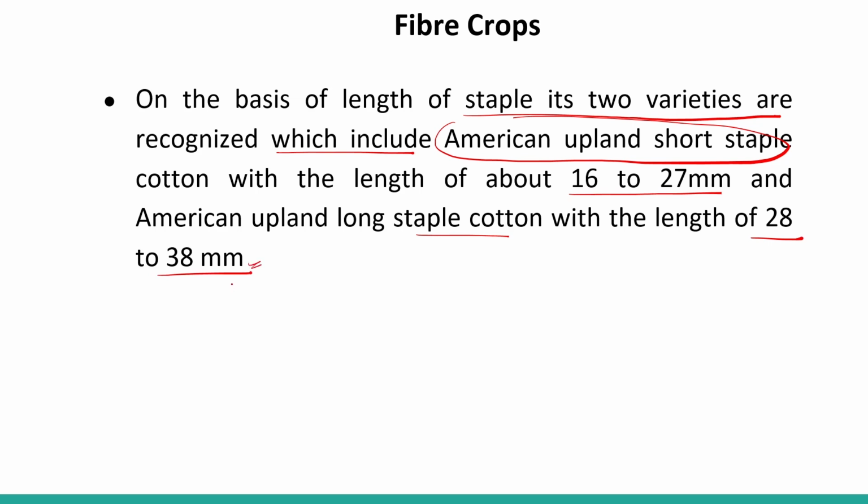Okay, so this is American upland short staple and this is American upland long staple. Don't get confused with this short and long, right? They have 16 to 27 millimeter length and 28 to 38 millimeter length.